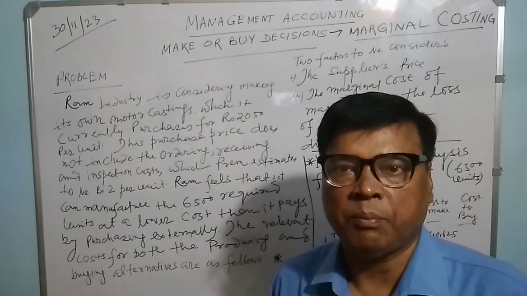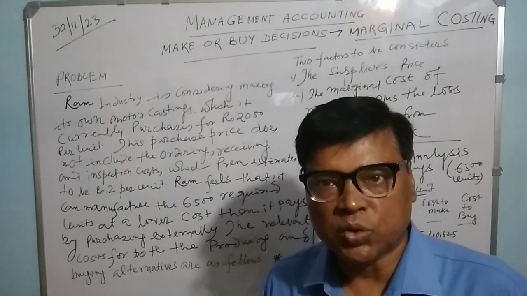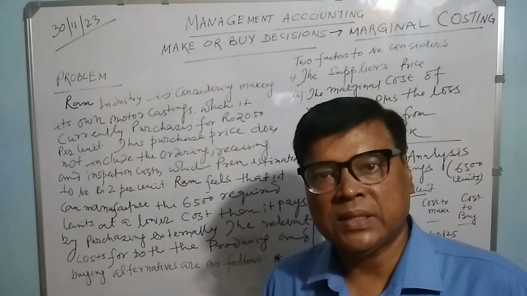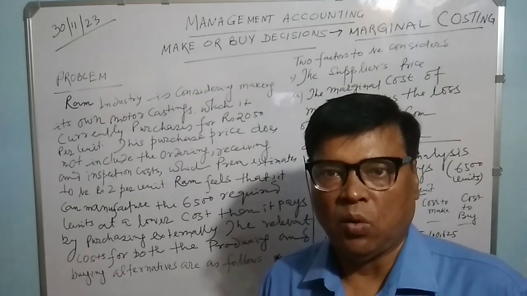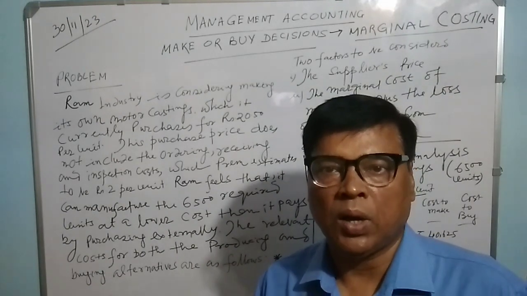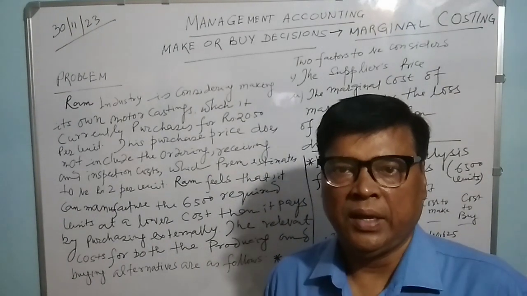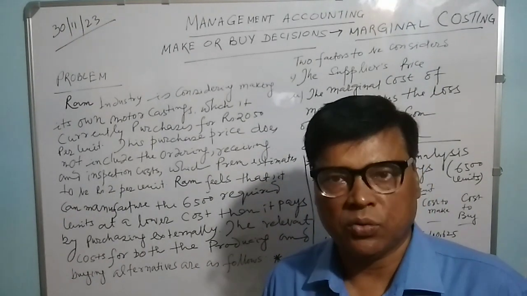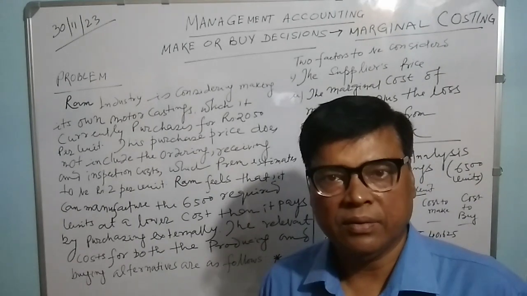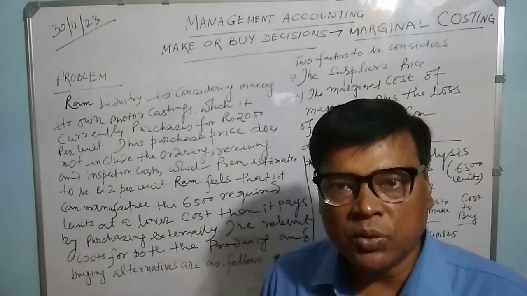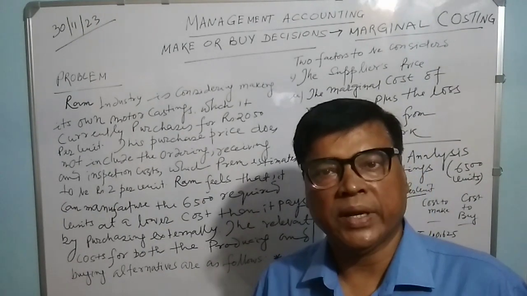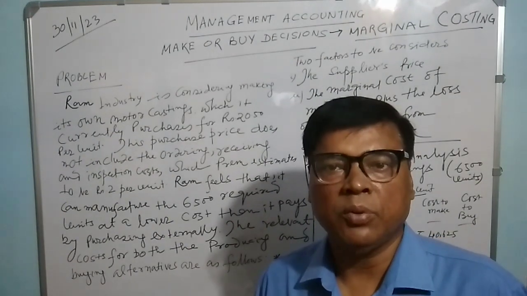To take an example, suppose you purchase a car or take an Ola or rent. If you purchase a car, your funds will be blocked. But if you don't purchase a car and take an Ola, there will be revenue expenditure.